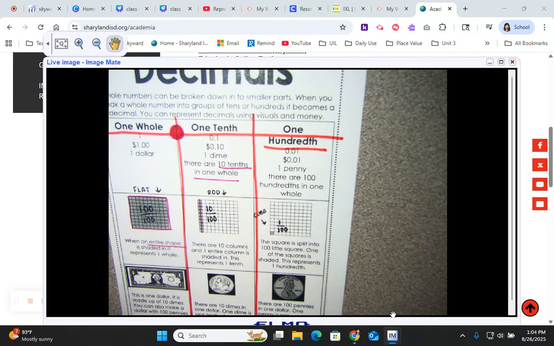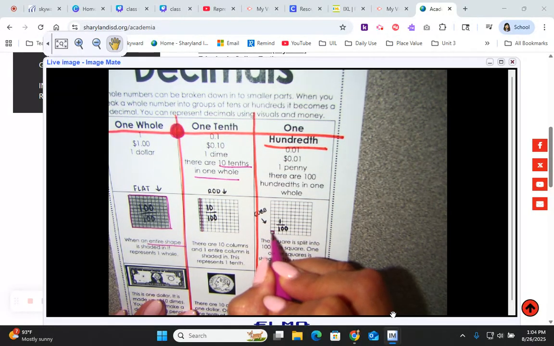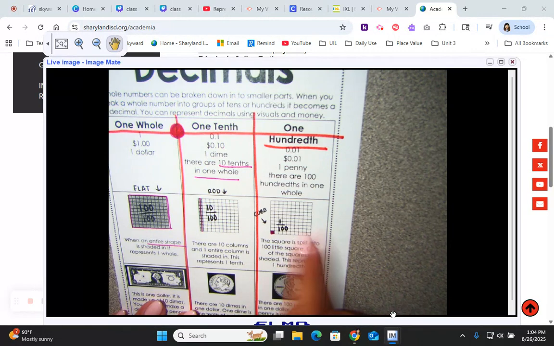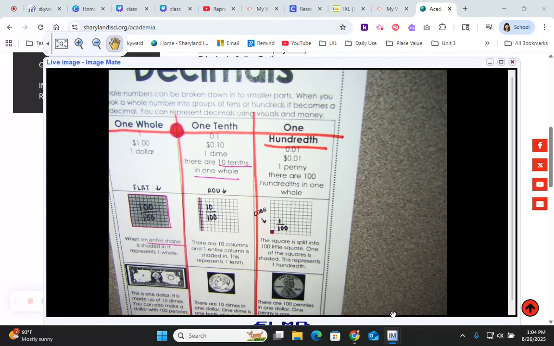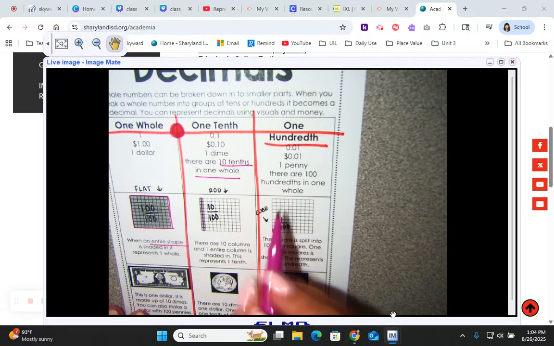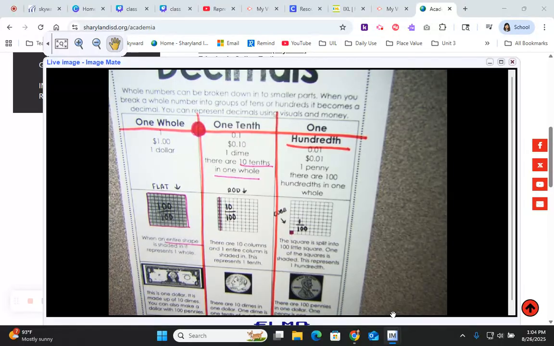Let's say that together. I need 100 hundredths to make a dollar. So this little cube in a 100 flat, this is 1/100. And I need 100 of them if I want to make a whole dollar. Yes?